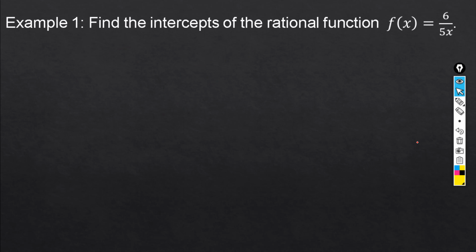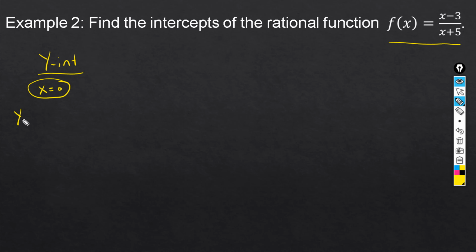Example tayo next. Example number 2. Find the intercepts of rational function f of x equals x minus 3 over x plus 5. Y-intercept. So, set x to 0. Substitute sa given natin. So, y equals 0 minus 3 over 0 plus 5.